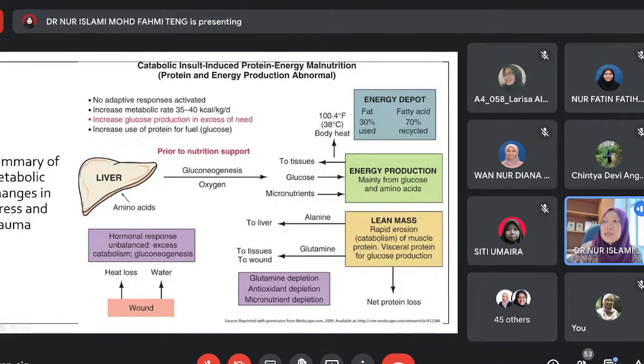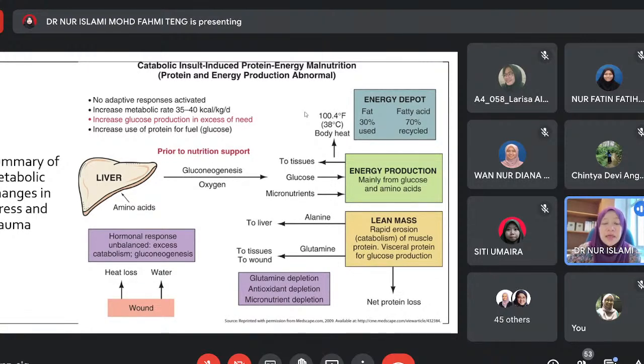So this is what happened here. Apa jadi dekat kita punya liver, kita produce the gluconeogenesis, there will be hormonal response here, sebut dalam gambar ni lah. So that's why nutritional therapy may provide the energy for optimal healing and also recovery. But in the immediate post-operative phase, may only minimal counteract muscle catabolism.